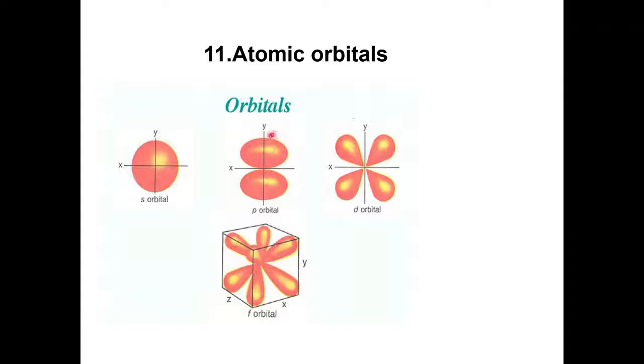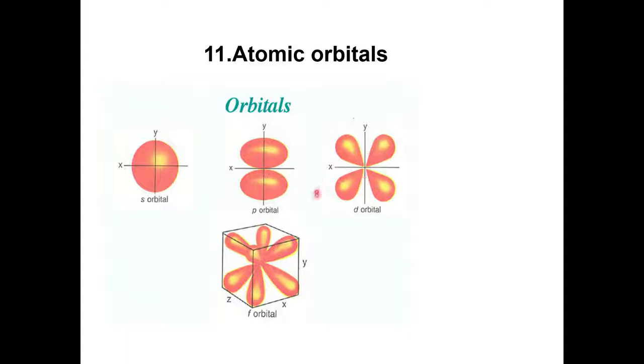Here it is the P orbital, it is a dumbbell shape. That means the electron density along the axis is very less, whereas here it is uniform all around the nucleus. You have to imagine that the nucleus is at the center, at the intersection of the axes. Similarly, in P orbitals the electron distribution is above and below the axis.